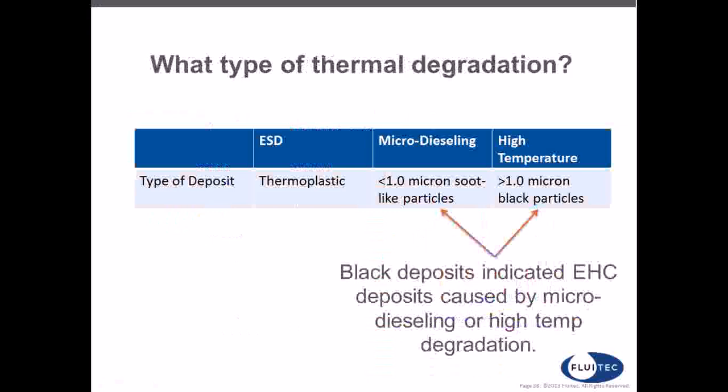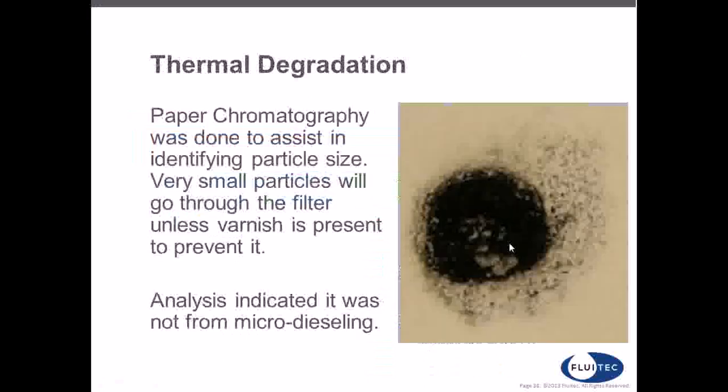And again, in most cases, I would have just assumed it was microdieseling, and we're looking at submicron particles. Well, one simple way of classifying the different sizes of these particles was to do a paper chromatography experiment.